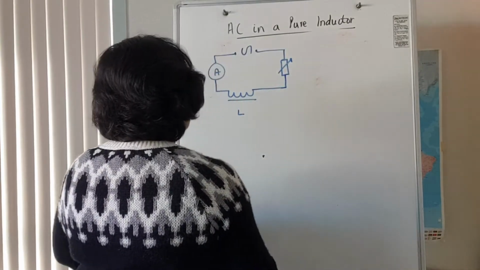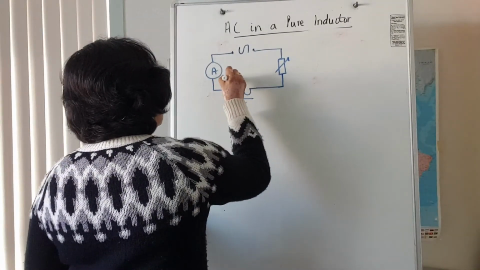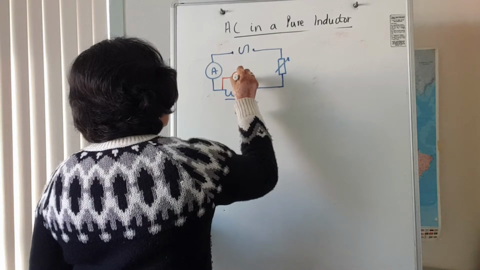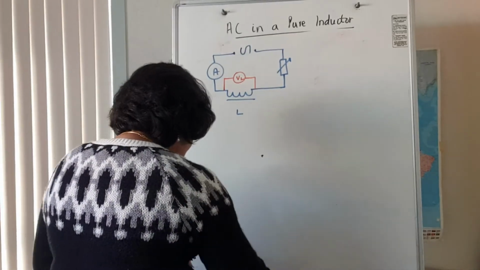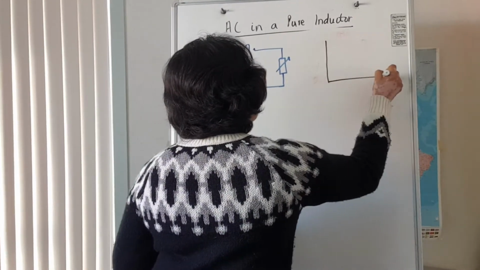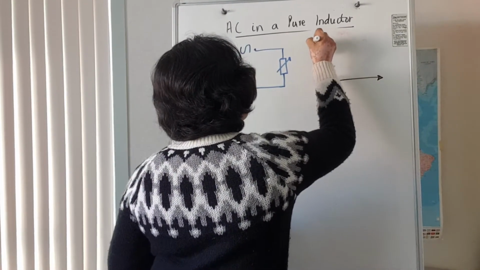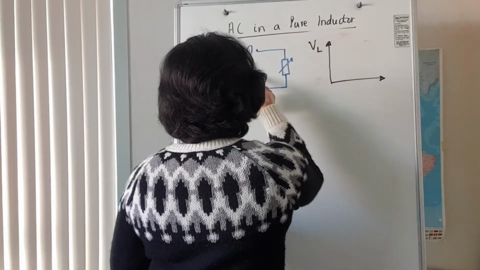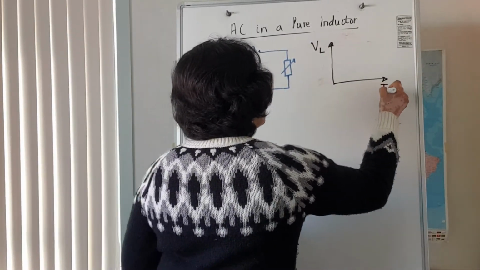We are trying to measure the voltage across the inductor, and we draw a graph of voltage across the inductor against the circuit current.